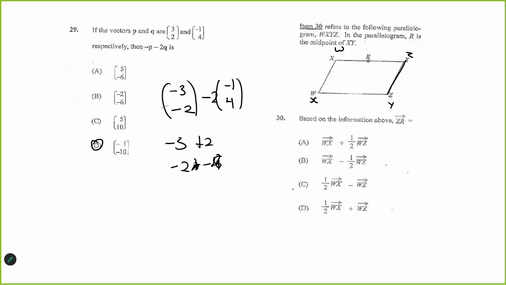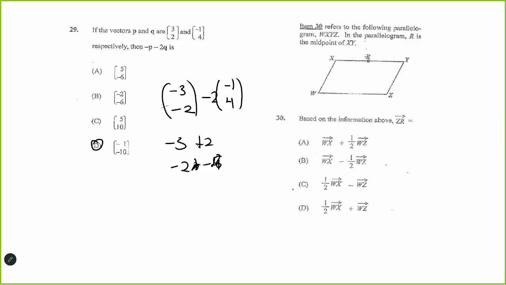So we will have to use the next route. Let's erase this. We will have to go Z to W, and then W to X. Hold on. So let's look at it.